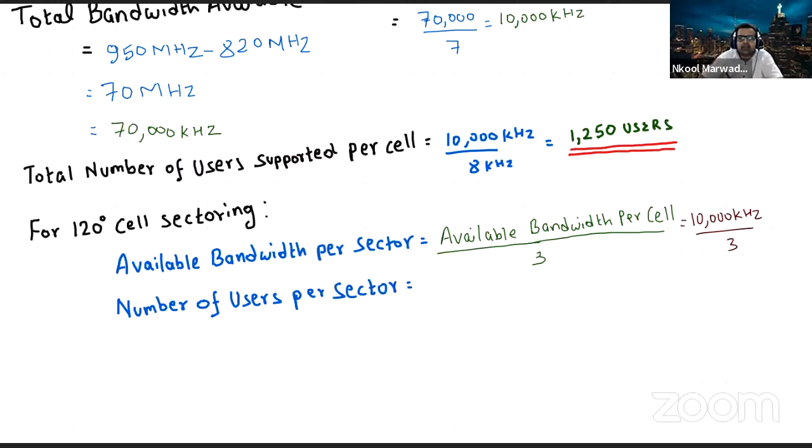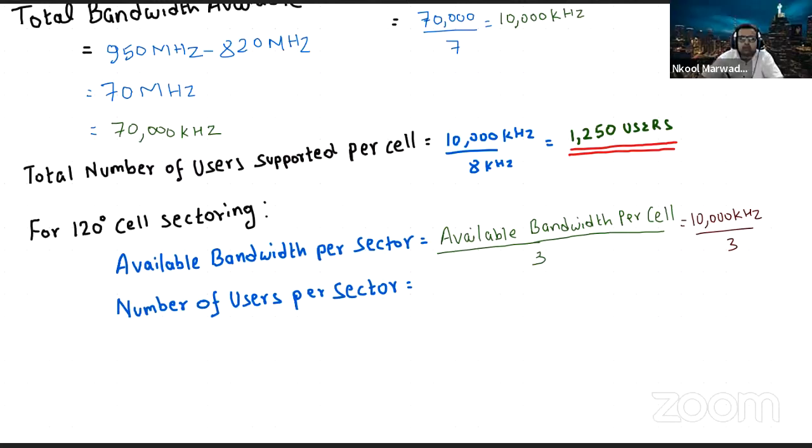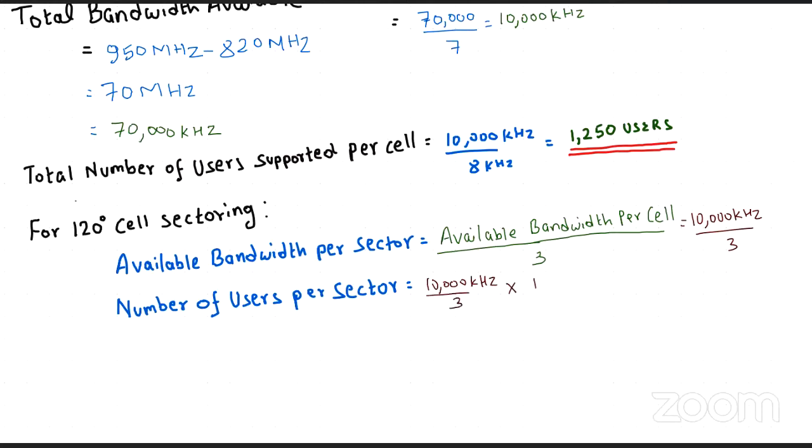So it will be 10,000 kilohertz by 3 into 1 by 8 kilohertz, so 1250 by 3.